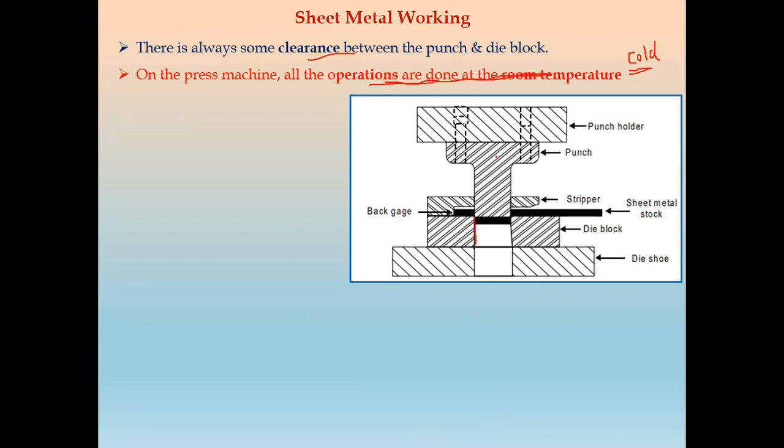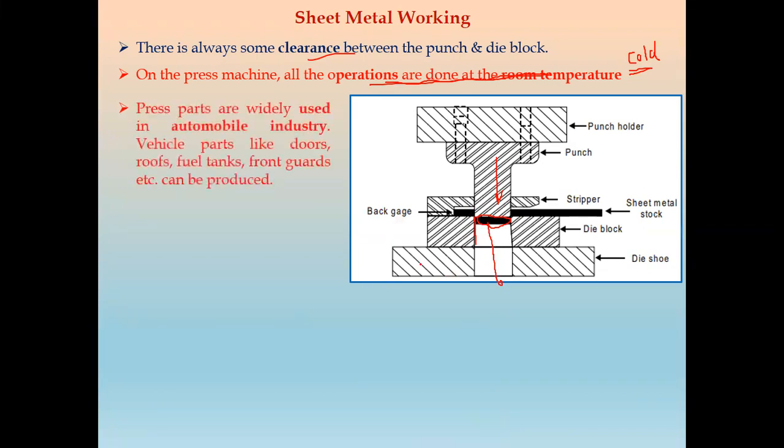When the operation is done, it will cut this metal into a piece like this structure, and we get the final product through this die shoe.